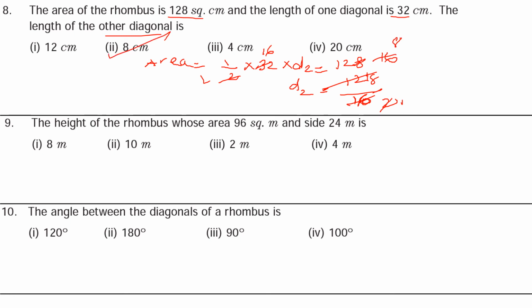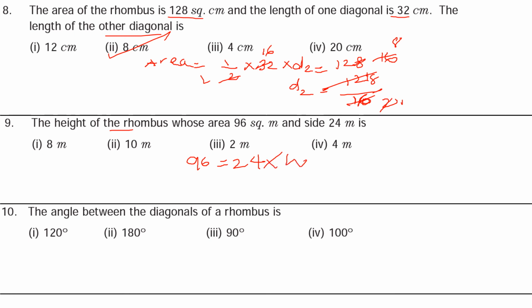Next, height of rhombus we have to find out whose area is given and side is also given. So area 96 equal to B into H. B is 24. B means side, base, side. And H we don't know.